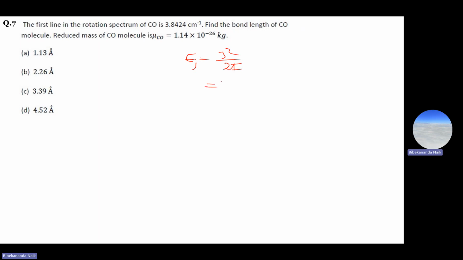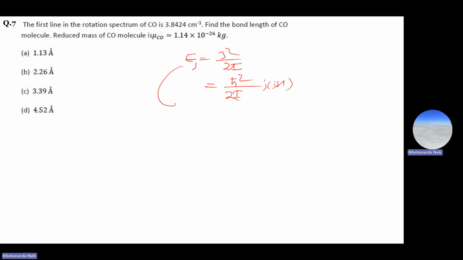According to quantum mechanics, J square is given by J(J+1) h cross square. So the value will be h cross square divided by 2I times J(J+1).